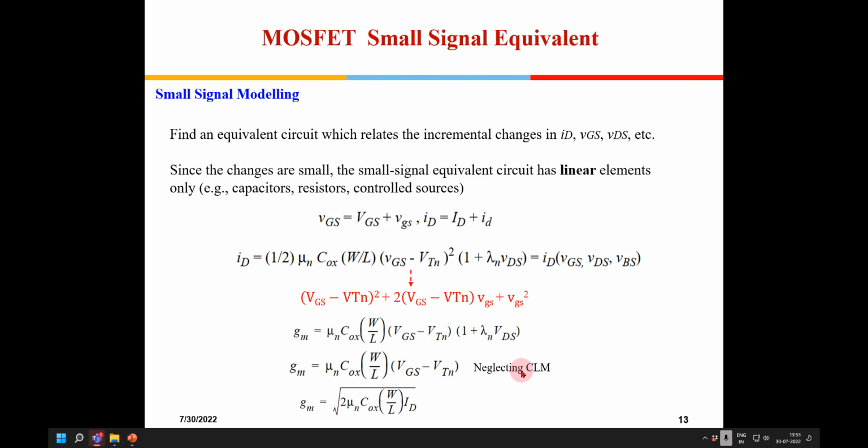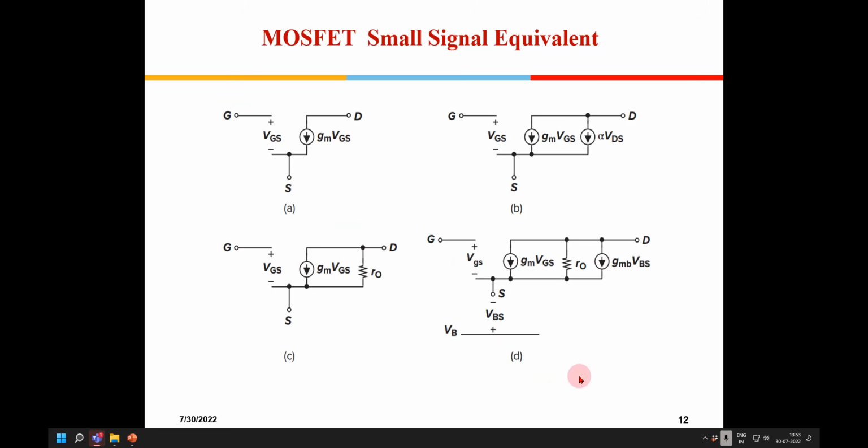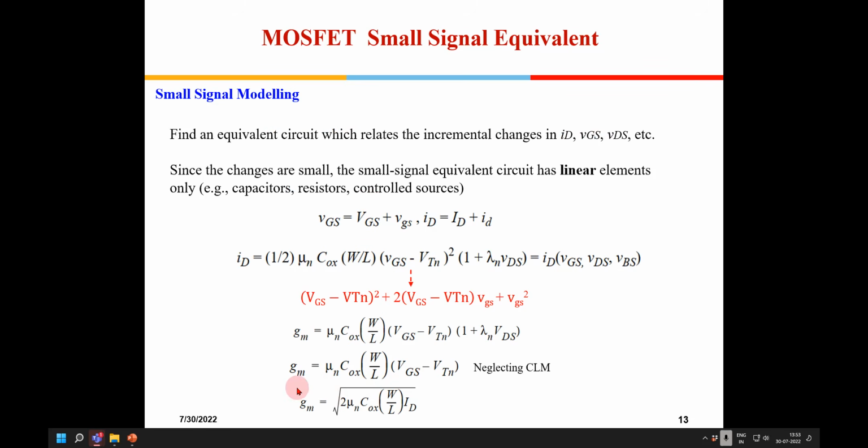In the previous slide, can you go to the previous slide? How do we reach this model, like this is small gm into vgs? How did we get to know that this is gm into vgs? This is what we got, right? Now, what is current?